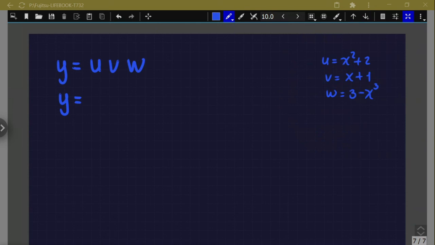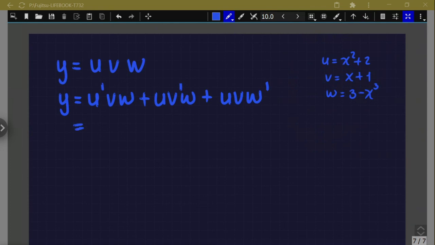I can start with u prime times vw, plus u v prime w, plus u v w prime. Since the product is commutative, you already know this.